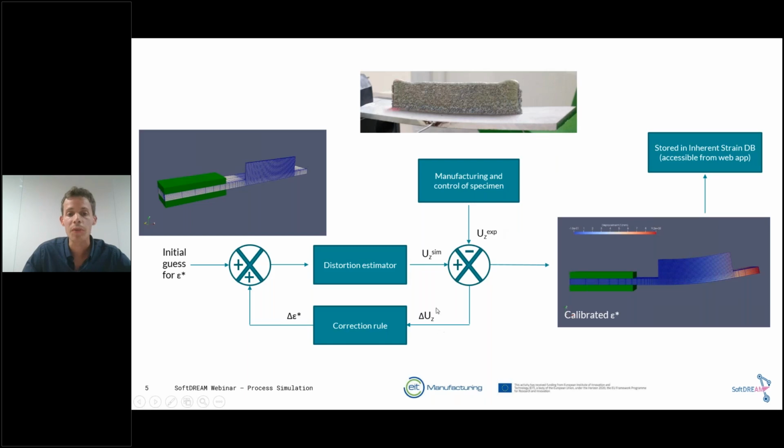The difference between both displacements is then an input for a correction box that will adjust the initially defined model and correct it in order to reduce the error between the measured displacement and the one obtained from the simulation. There are some iterations to do, and finally, the result of this is a calibrated model that is directly accessible from the web application.